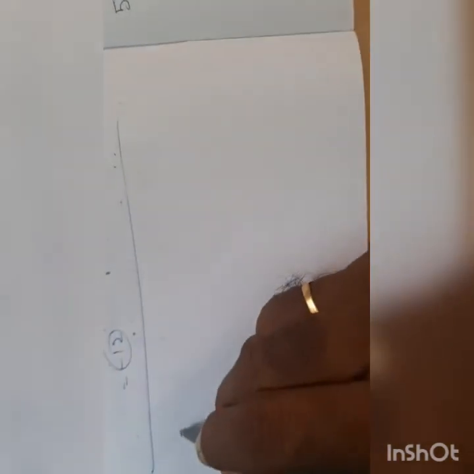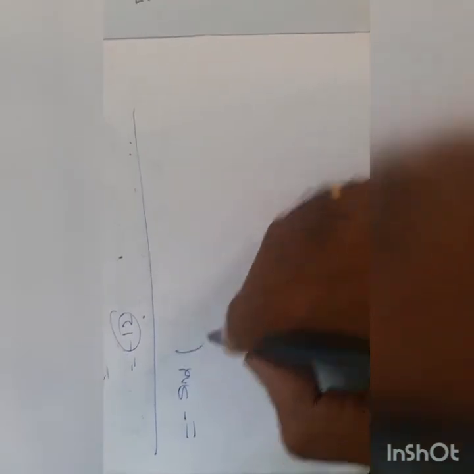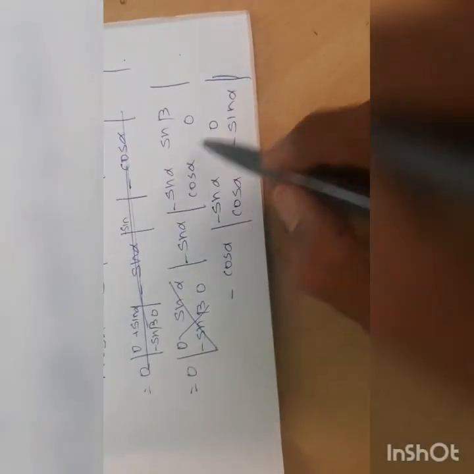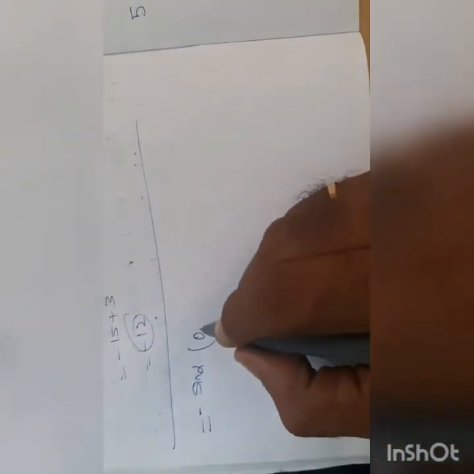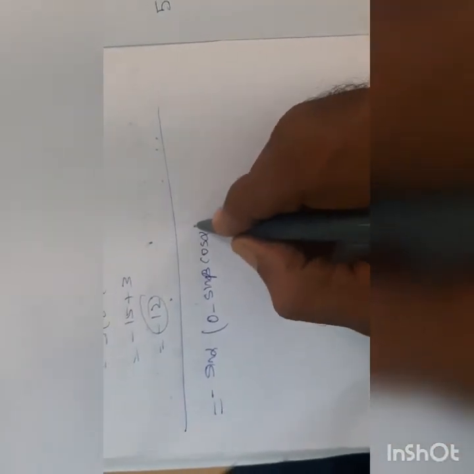Now we expand it. 0 into anything, we are getting 0. So minus sin alpha of, when you multiply this value, 0 minus sin beta into cos alpha.